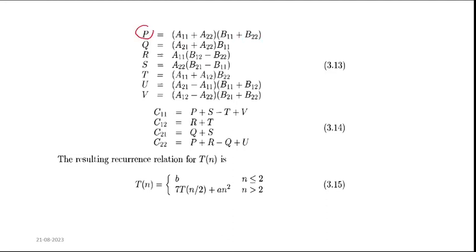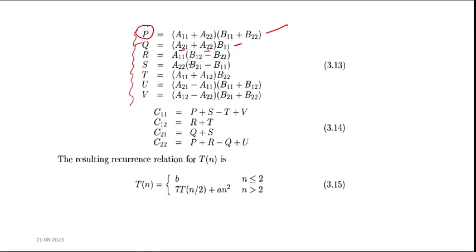So P, he said, capital P will be, all of you write because I will give you one question to solve. P is A11 plus A22 into B11 plus B22. Q is A21 plus A22 into B11. So these are the variables he has introduced for the multiplications.